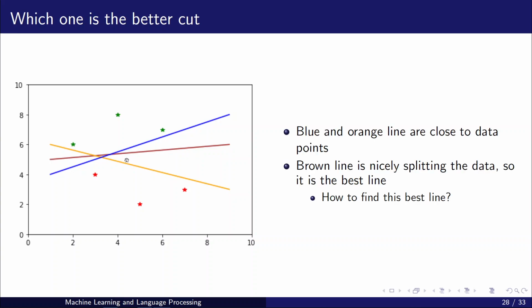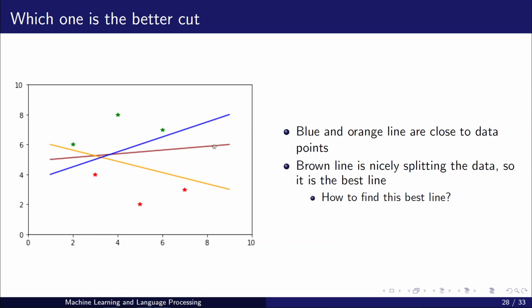Blue and orange lines are close to data points. Blue is close to this data point, orange is close to this data point and this data point. The brown one is nicely splitting the data, so that is the better line, isn't it? There is enough distance from the data points on both sides.